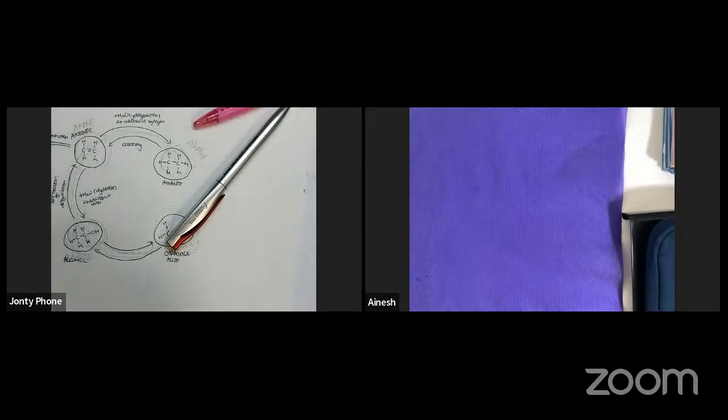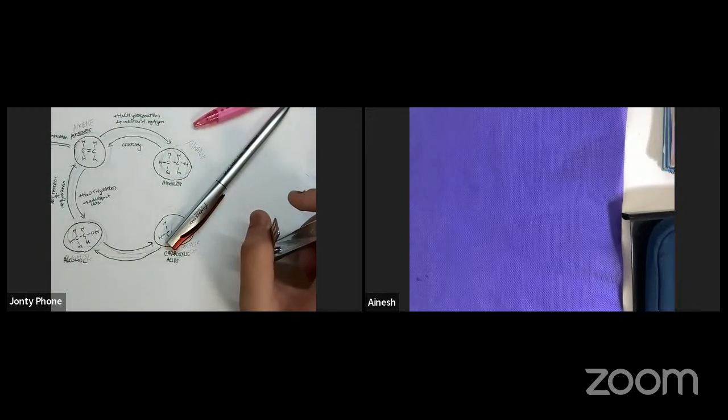Totally easy to understand. Arrow in, arrow in, arrow in, arrow in. I draw 4 arrows in. This represents just one reaction. Everything plus O2. Now, Ainesh, what do they call the reaction plus O2? Oxidation.